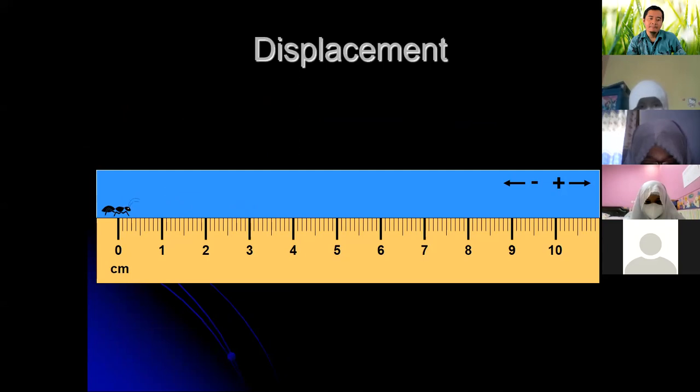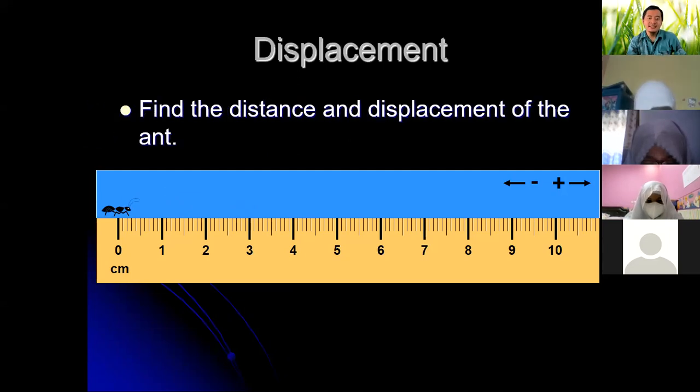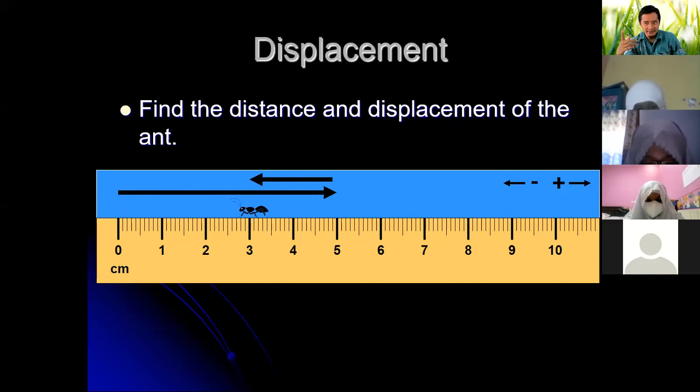Okay. Displacement again. Find the distance and displacement of the man. To the right until 5, and then to the left until 3. Maybe one of you wants to answer this question.